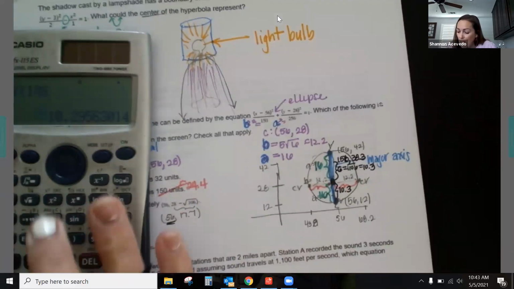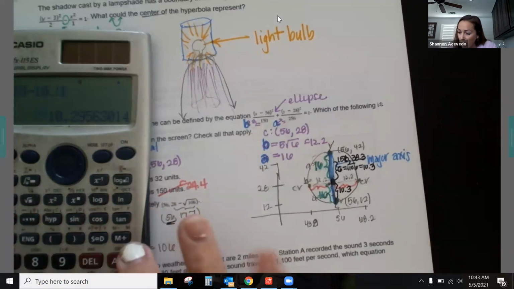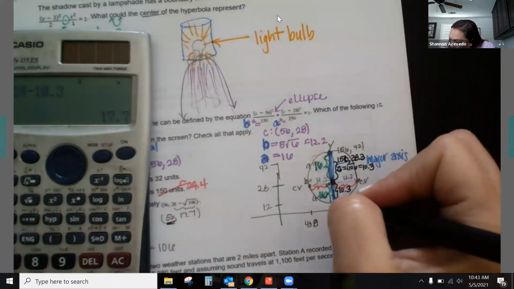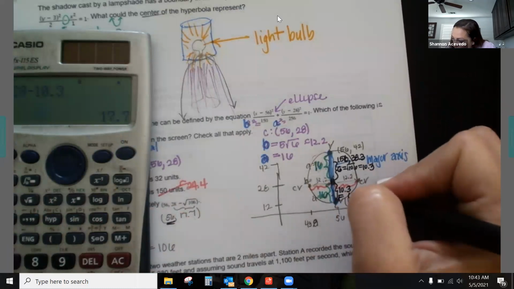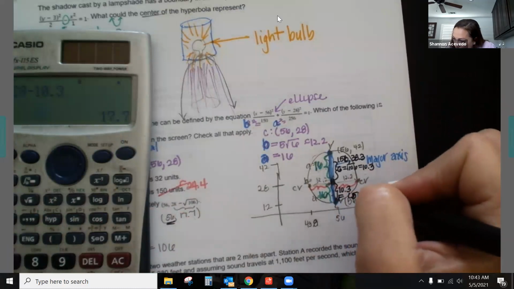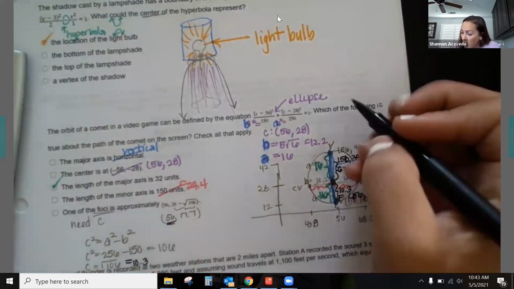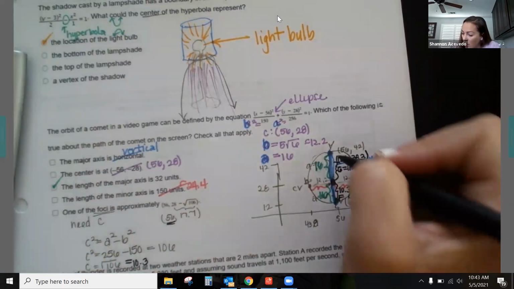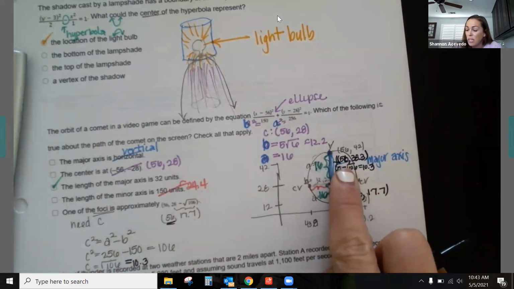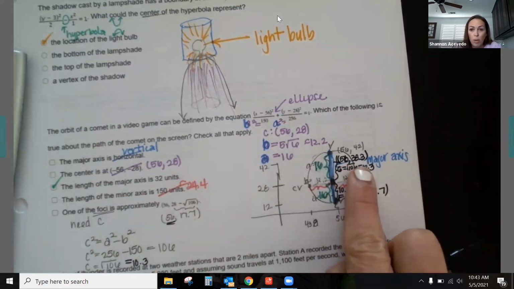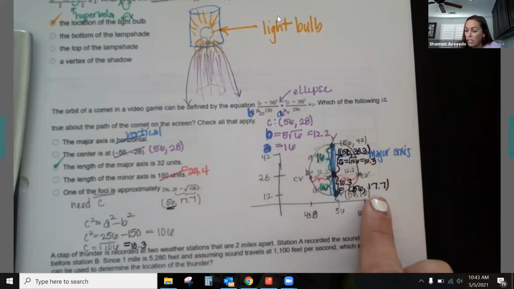So if I was at 28 there and I go down 10.3, then this focus is going to be at 56, 17.7. So here's where my two foci are: 56, 38.3 and 56, 17.7.